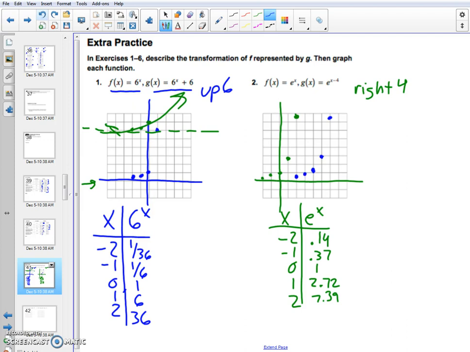Okay, so now I got to think about my asymptote as well. If my asymptote started here at 0, if I take a line that goes forever in both directions and move it left or right, that's not going to change where it's at all. So when thinking about exponentials, only transformations that go up and down are going to affect that asymptote.